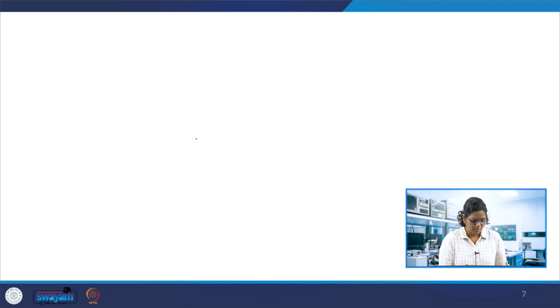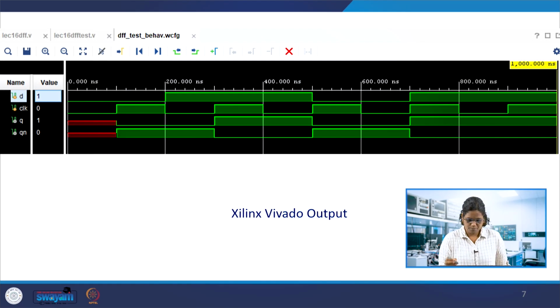So let's see the waveform viewer. Here you can see the clock, which is 0 for 100 nanoseconds and then 1 for 100 nanoseconds, becoming 0 and 1.